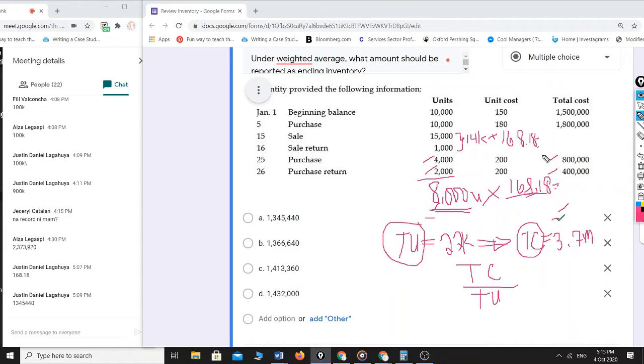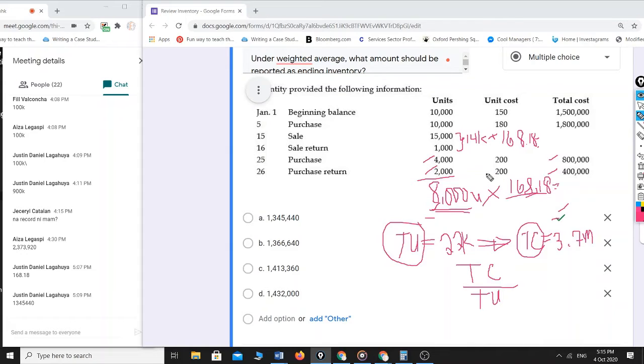Which is unlike the periodic, which has no such method or system. So this weighted average method is applicable under the periodic system.